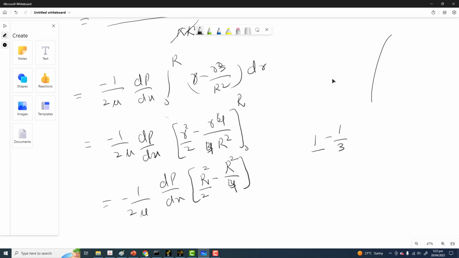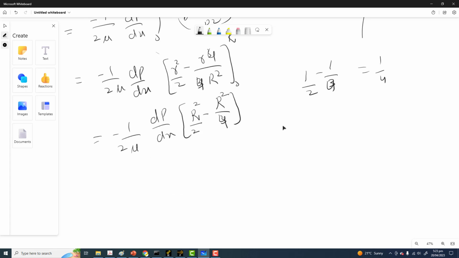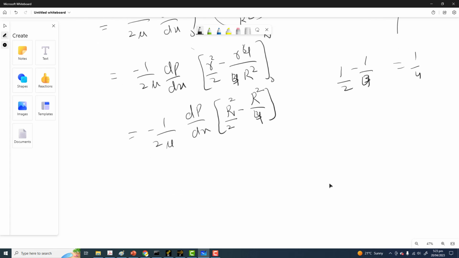So 1 upon 2 minus 1 upon 4 will be equal to 1 upon 4, this is 1 upon 4 R square. So if you take the 1 upon 4 outside, this will be minus 1 upon 8 mu, and R square will be taken here, and this will be dp by dx. This is the u mean.